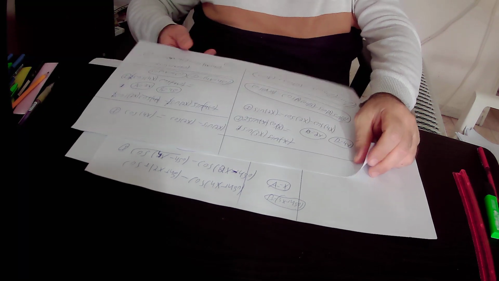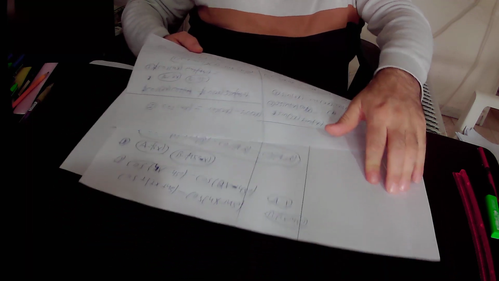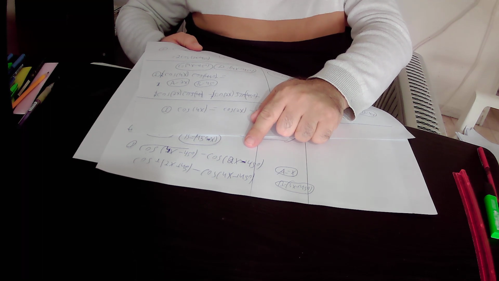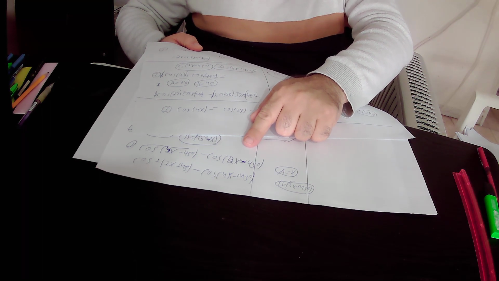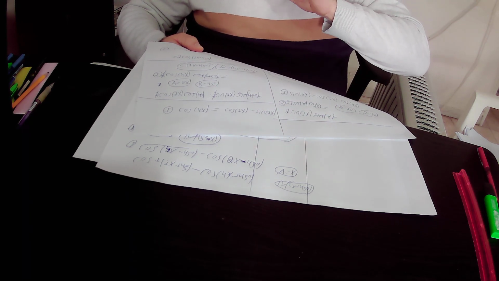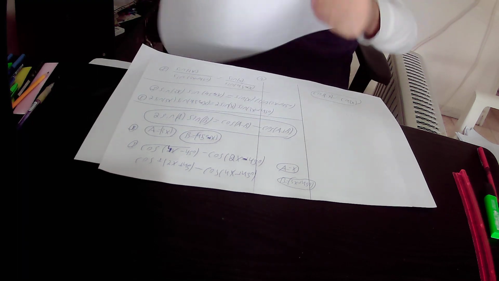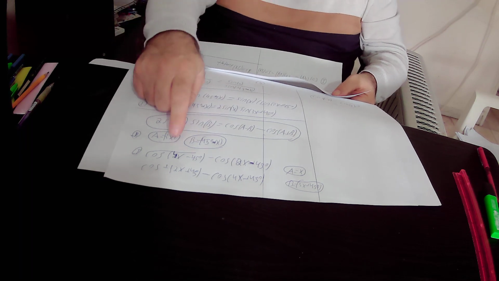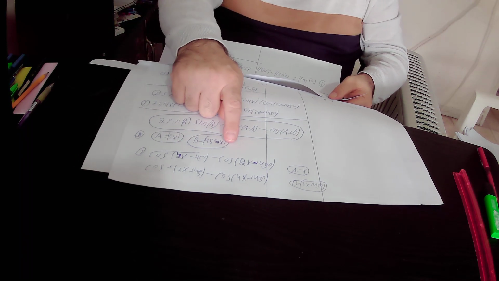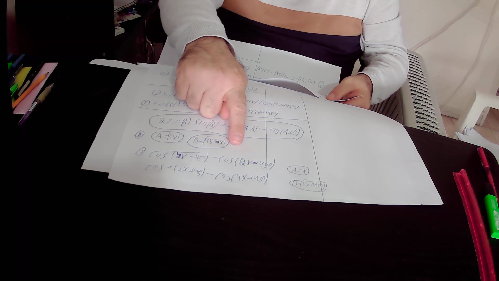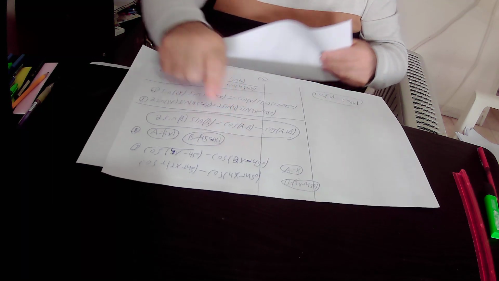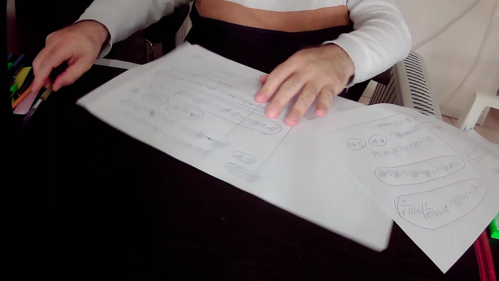So I copied it here, and here we have minus cosine (2x minus 45 degrees). So we actually added, and we have here cosine 4x.